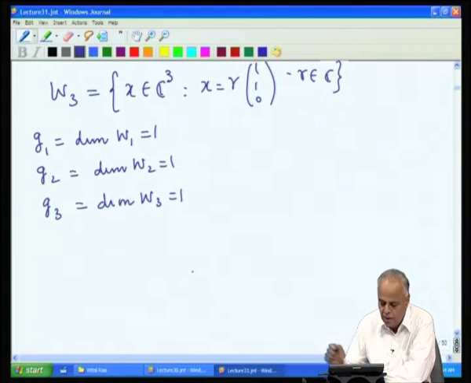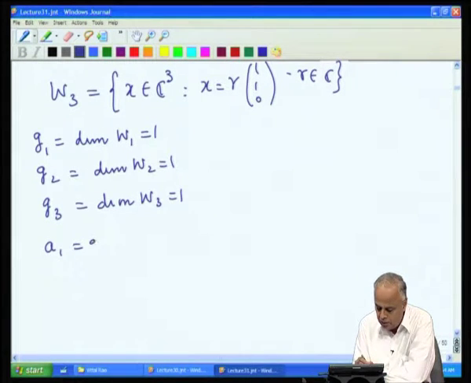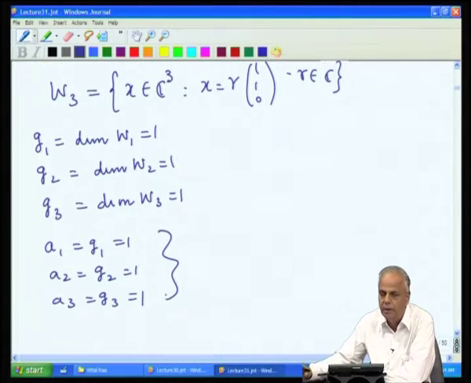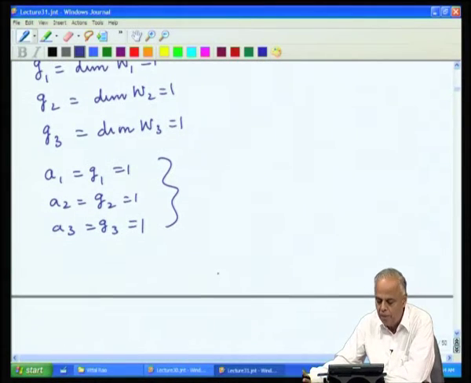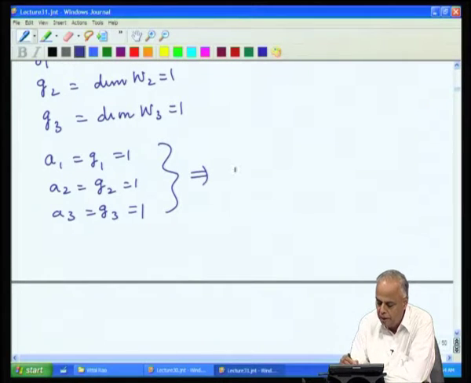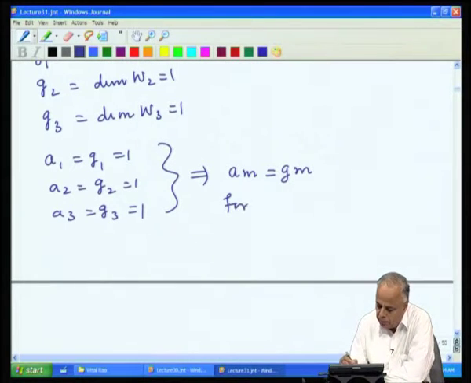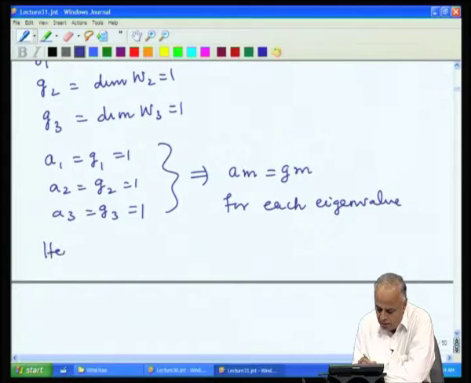So, in this case we find that a 1 is the same as g 1, a 2 is the same as g 2, and a 3 is the same as g 3. The algebraic multiplicity is equal to the geometric multiplicity for each eigenvalue. Hence, A is diagonalizable.